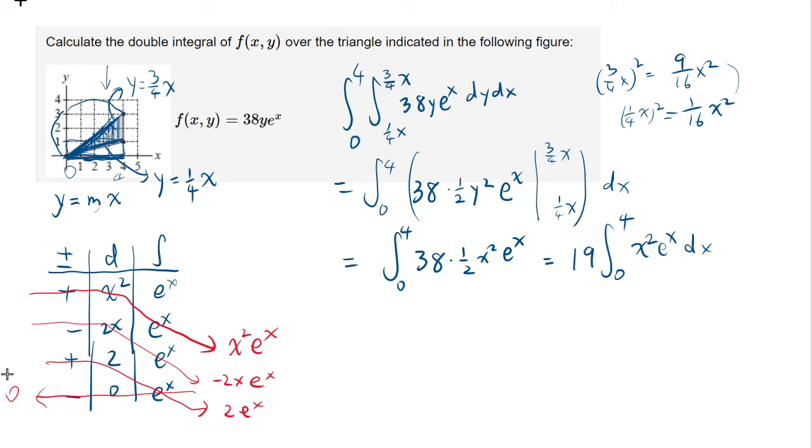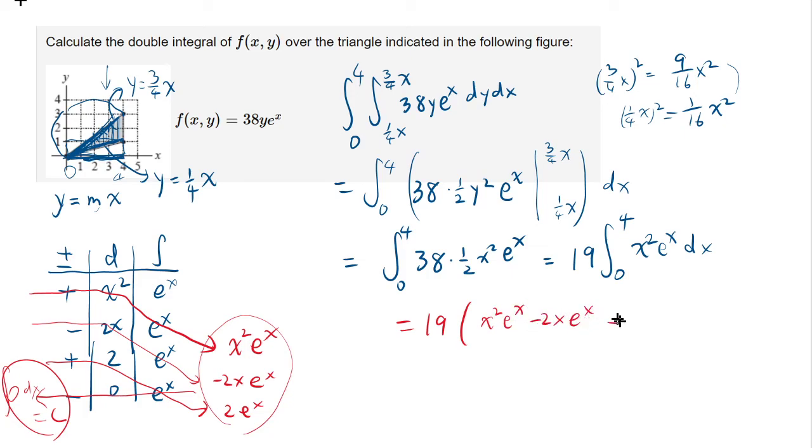You're integrating 0, which gives you just a constant, but we're doing a definite integral, so constants don't really do anything. So we only play with this one. So what we have is 19 times x squared e to the x minus 2x e to the x plus 2 e to the x, and then to this we have to plug in 0 and 4. I can factor the e to the x out before plugging in the values.